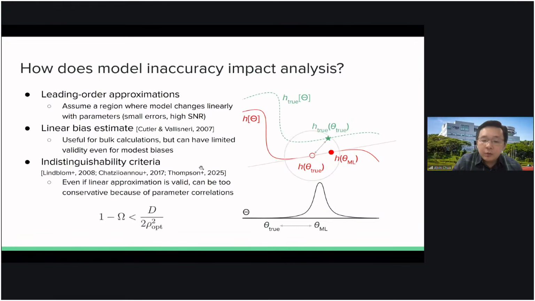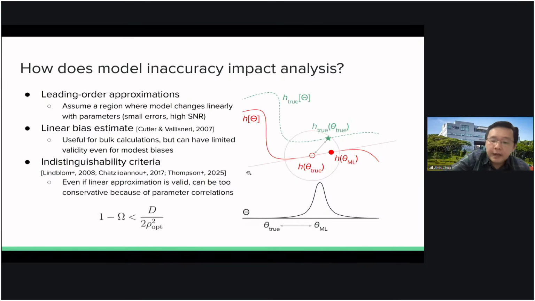Finally, we can instead use leading order approximations, because sampling and optimization are computationally expensive tasks, so it's not easy to use them to do bulk bias studies for many different signals across the model space. So first we assume that all three waveforms here lie in a region where the model, this red curve, changes linearly with the parameters, as approximated by this line.